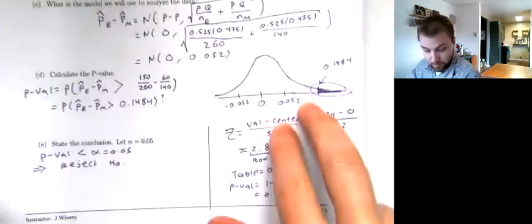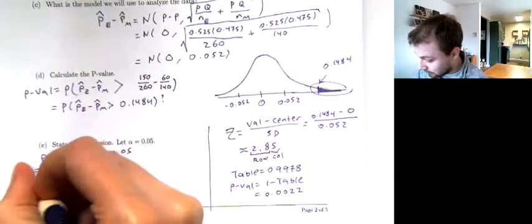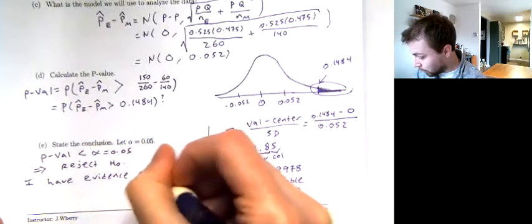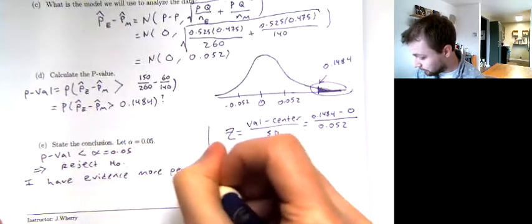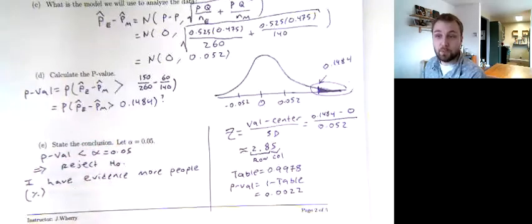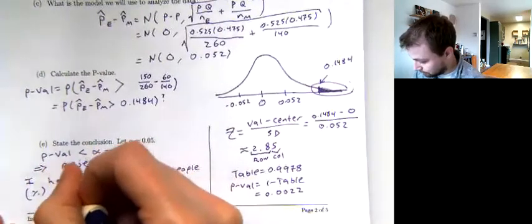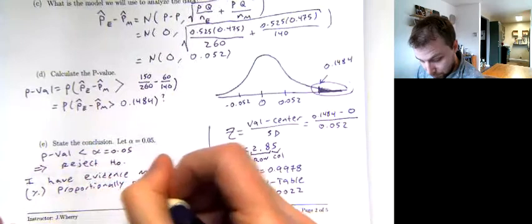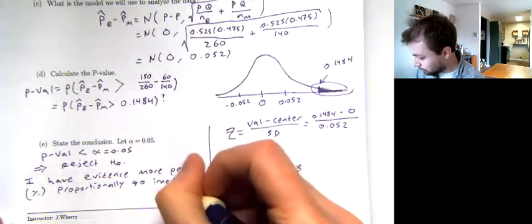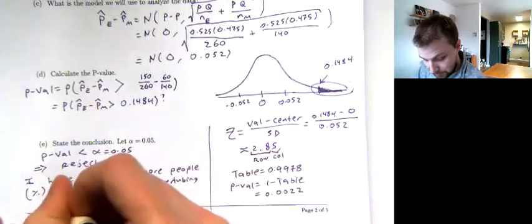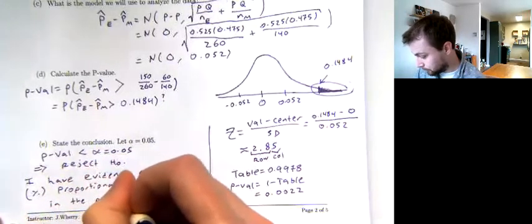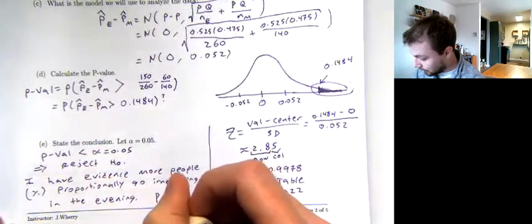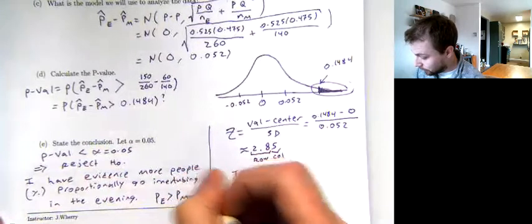So by rejecting the null hypothesis, I have evidence that more people, percentage-wise, so not in terms of raw number, but proportionally, go inner tubing in the evening. So in other words, I have evidence that the evening group is larger than the morning group.